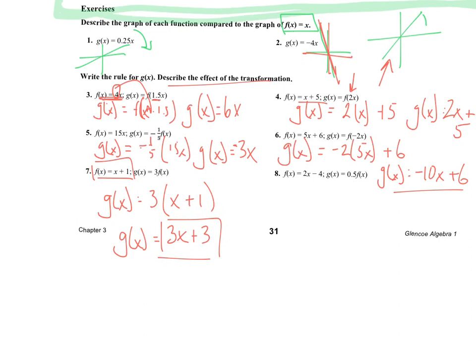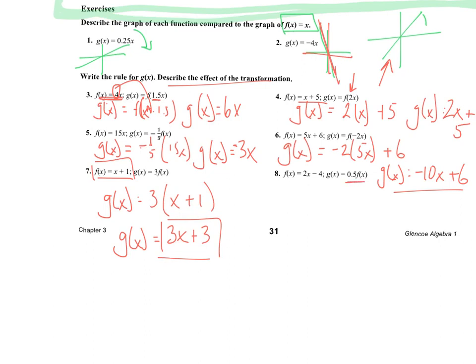How does that compare to the other one? Well, it's definitely going to be steeper, because negative 10x compared to 5x has a greater absolute value. So it's going to be steeper, and because our slope went from being positive 5 to negative 10, it's reflected across the y-axis.